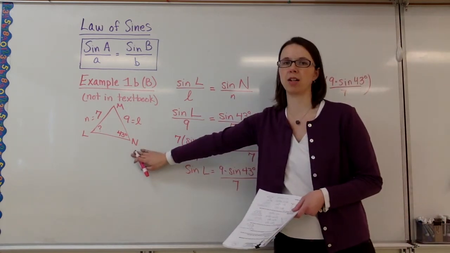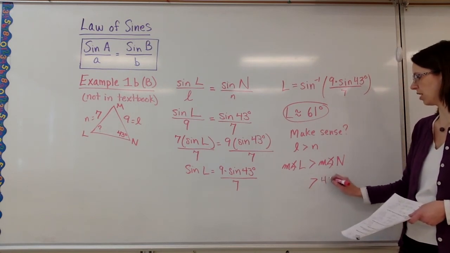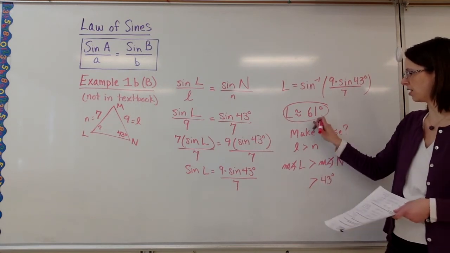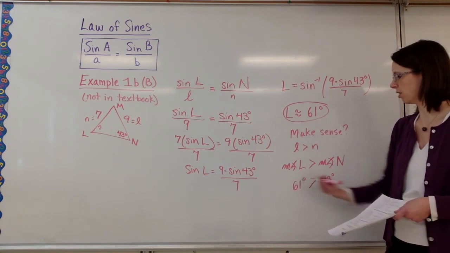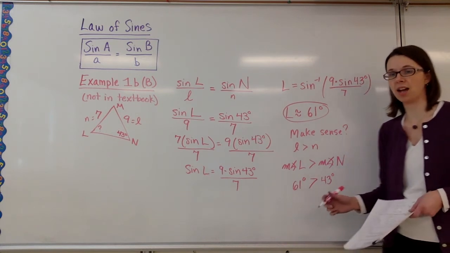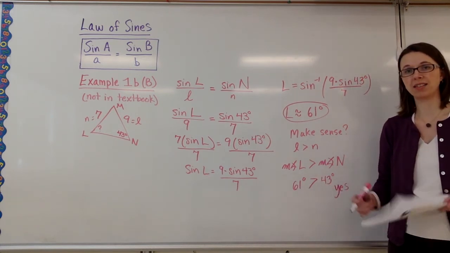We know N from our diagram, so we're going to put that over here, and that is 43 degrees. And does the answer that I got for L end up being greater? And we would say, yes, it does. So this answer, we can be assured, makes sense.